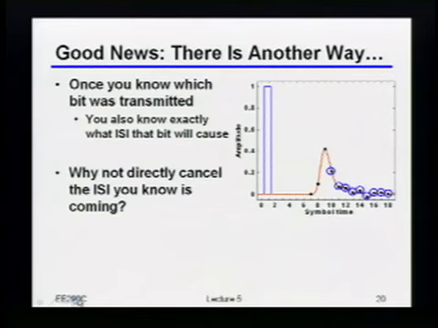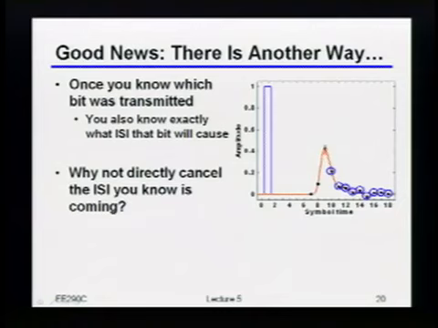Okay? So the key insight to getting to this final type of equalizer we're going to talk about is to realize that if I look at my pulse response here, let's say that I really got something like this. And let's say that somehow or another, I actually detected this bit correctly. Somehow I figured out that this was supposed to be a 1.